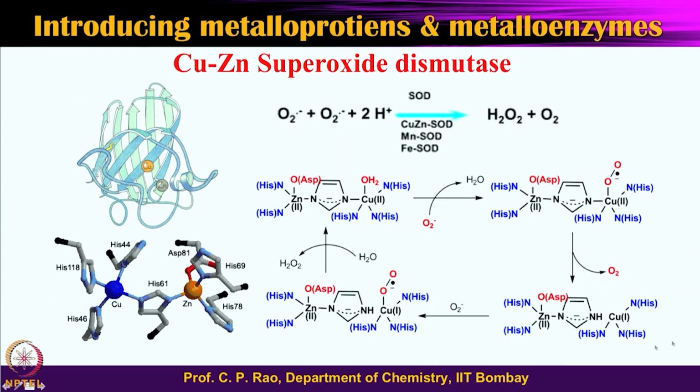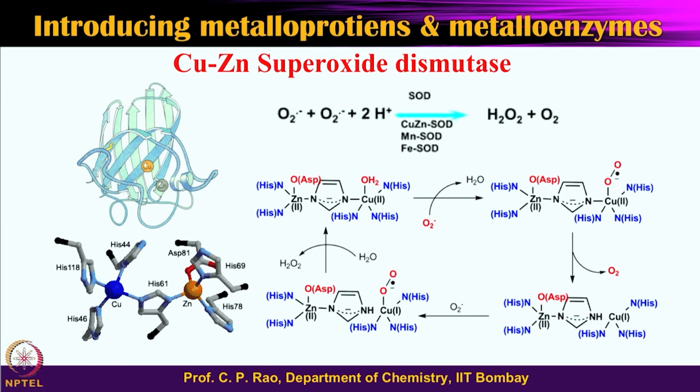Now this is ready for the second mole of O2 minus dot, which is bound again at the copper 1 center, which will reoxidize it, and that will go to H2O2 and the enzyme goes back to copper 2. So in one step the copper is reduced, in the other the copper is oxidized. Similarly, O2 minus is oxidized in one and reduced in the other. O2 minus oxidized means O2, O2 minus reduced means H2O2.